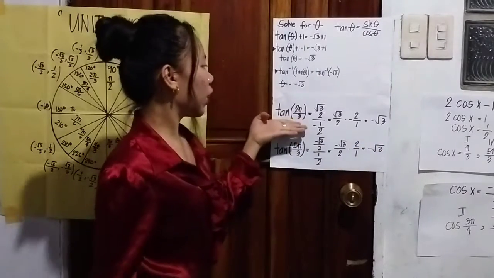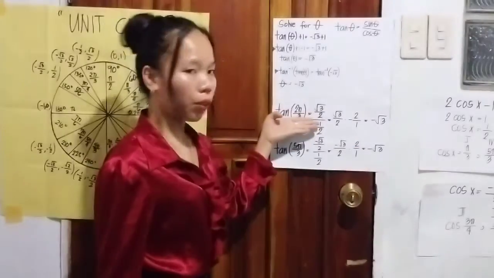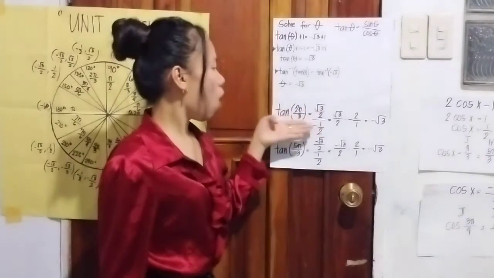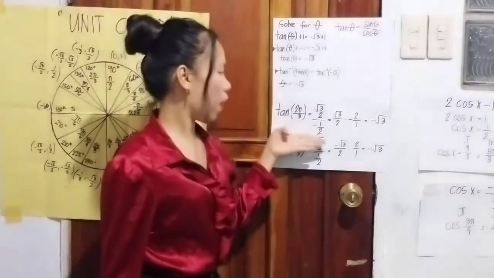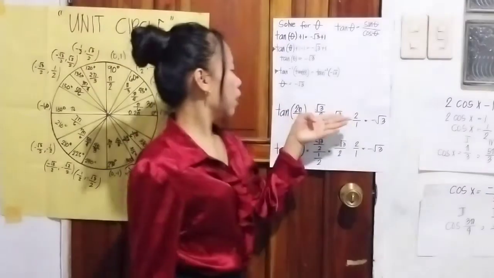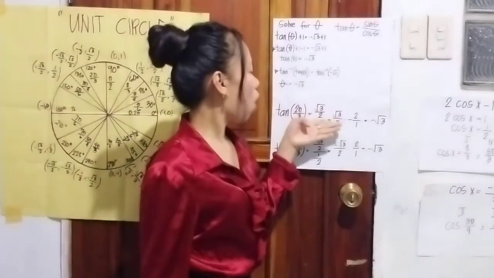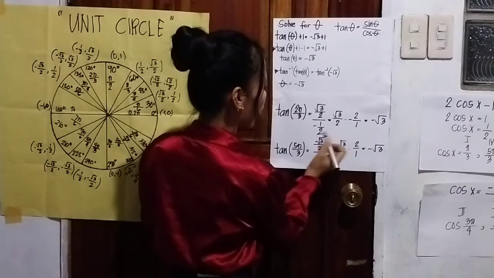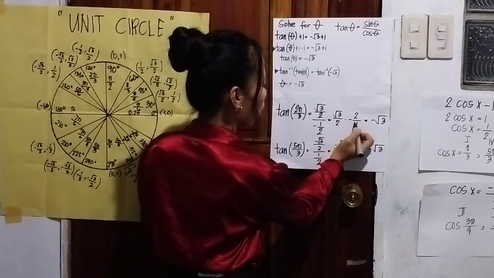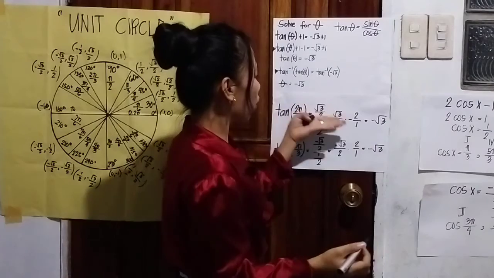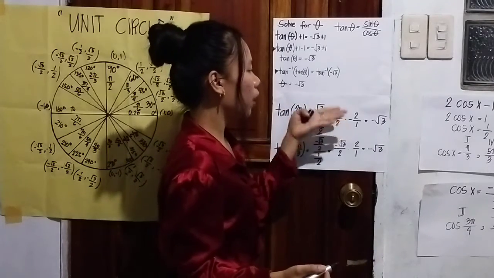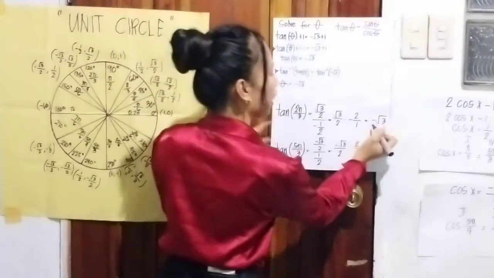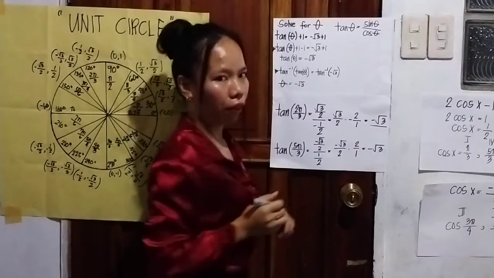So tan of 2/3 pi is equal to the square root of 3 over 2 divided by negative 1/2, which is the square root of 3 over 2 times negative 2 over 1. It is a reciprocal here. So the square root of 3 over 2 times negative 2 over 1 is equal to negative square root of 3.